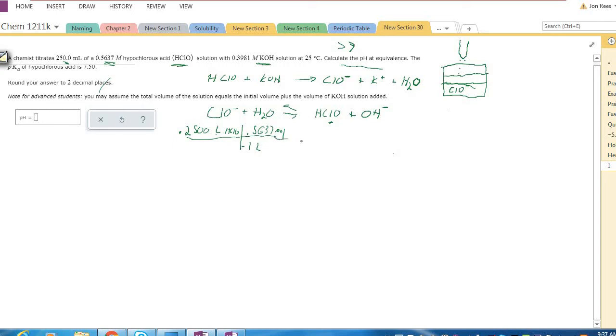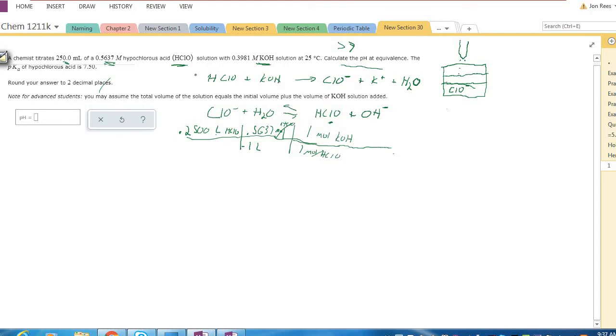I then add the KOH. When I add that KOH, I know that for every 1 mole of HClO, I want to make sure my units of HClO cancel out here, I am going to consume 1 mole of KOH. This tells me the number of moles of KOH it's going to take to neutralize this volume and concentration of HClO.